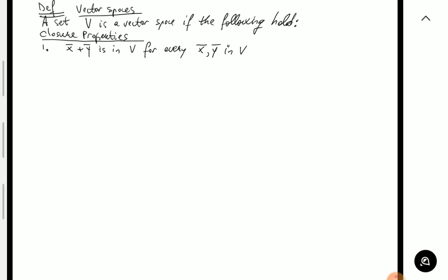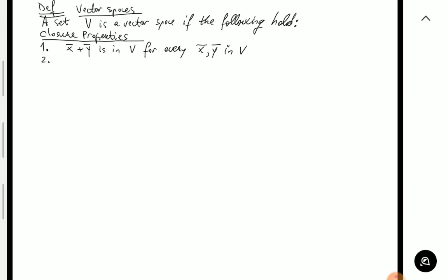So for any two elements in V, the sum of them is also in V. Obviously, to understand these properties, you have to run a couple of examples to see when it's obvious that it holds, and more importantly, to see when it doesn't hold. Most of the time, this definition is really understood when you look at situations when one of these properties does not hold, because otherwise it doesn't make sense, you know, what do I mean by x plus y is in V? We have to see an example when it's not, right?